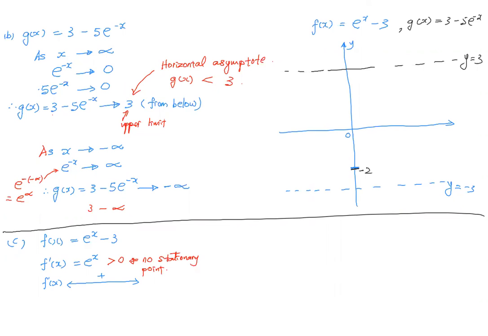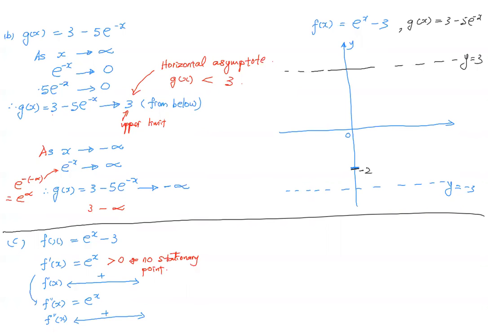So what is the geometrical interpretation that I have? I have to wait until I get my f double prime x. So now from here, I get my f double prime x. It's still e to the power x. So my f double prime x sign diagram will be positive as well.